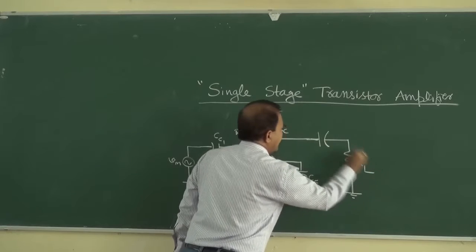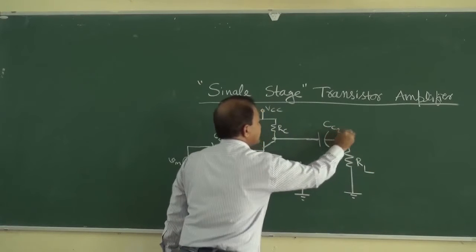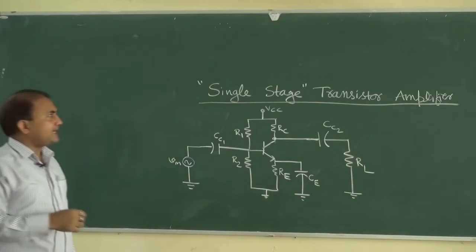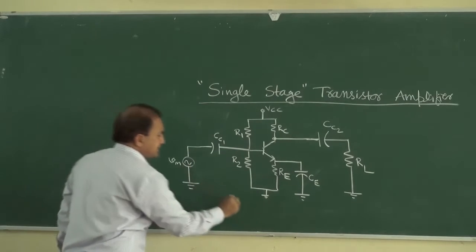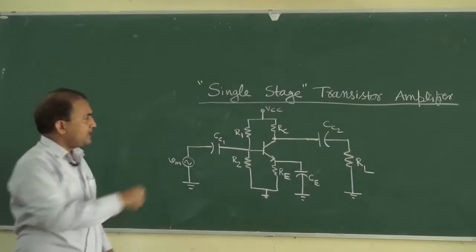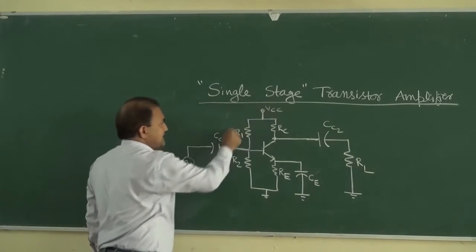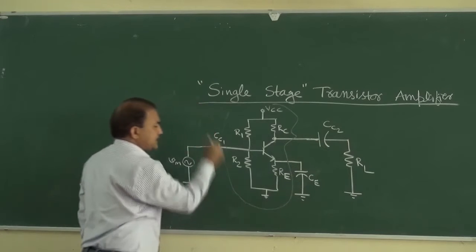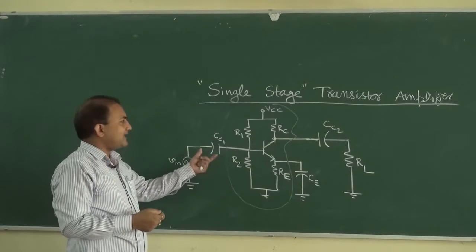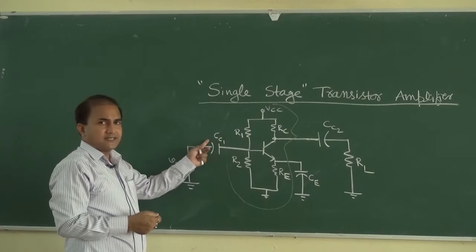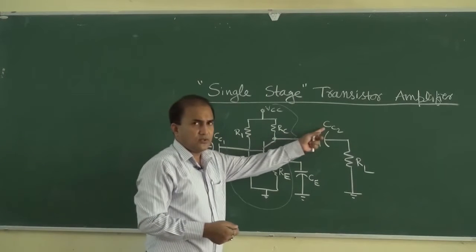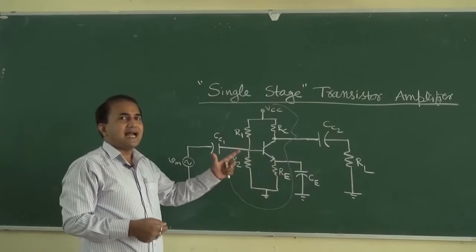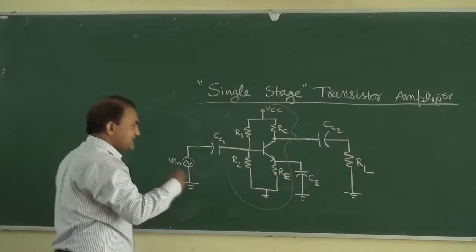This is RL, and this is again coupling capacitor 2. Okay, so this is the circuit diagram of a single stage transistor amplifier. So this is the biasing circuit and three capacitors: coupling capacitor 1, coupling capacitor 2, and emitter bypass capacitor. These three capacitors are added additionally.